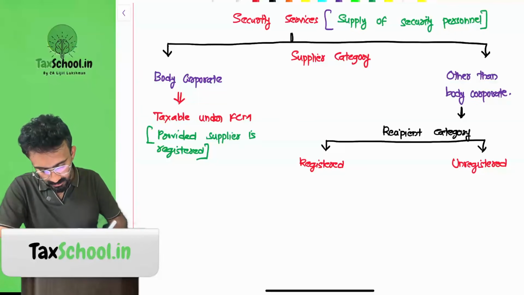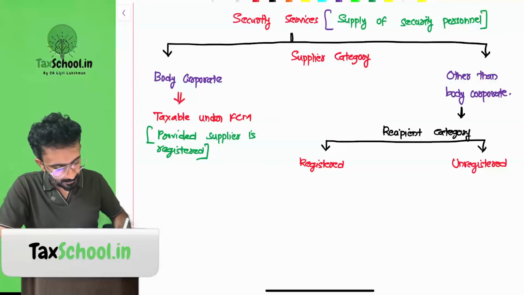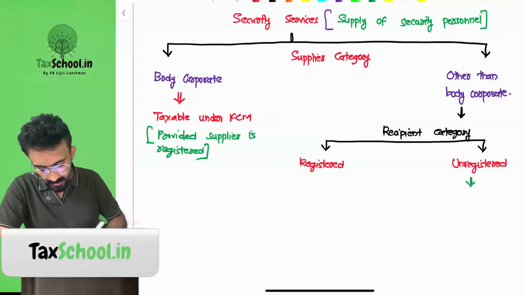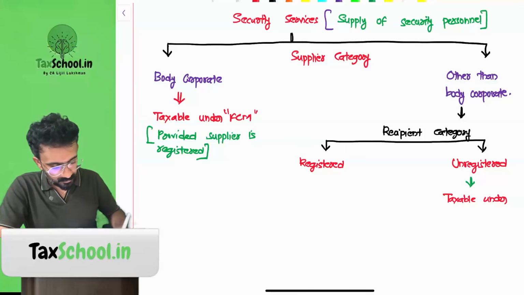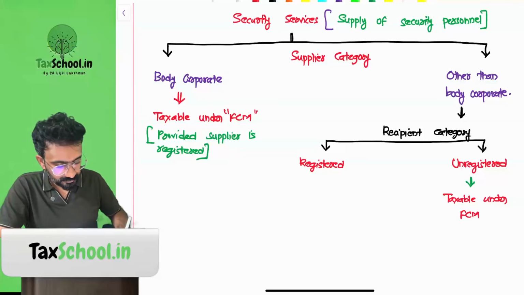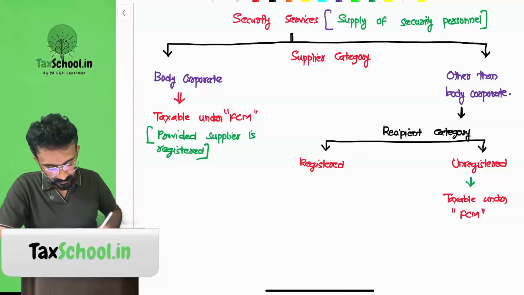Recipient is unregistered means it will be taxable under FCM.